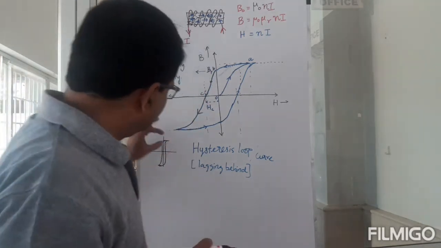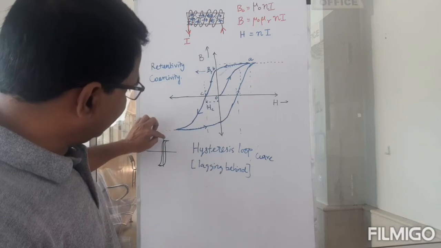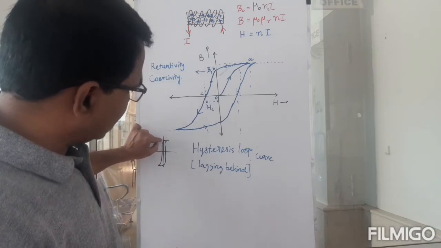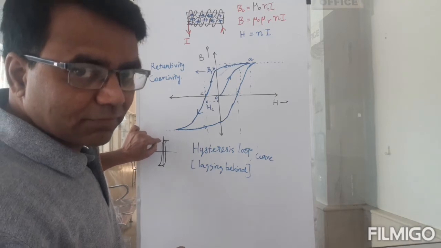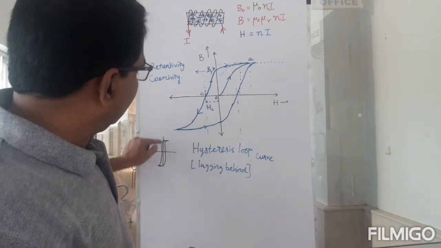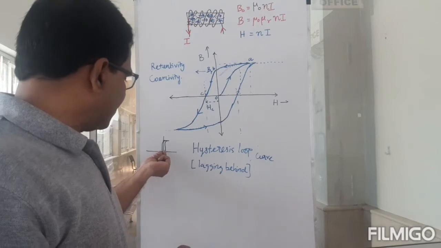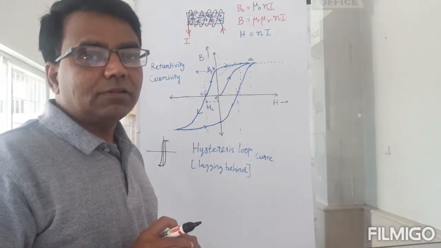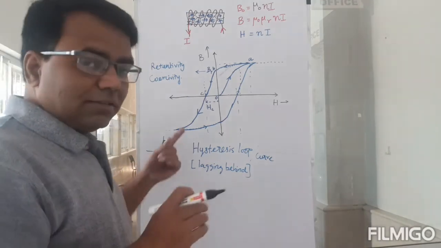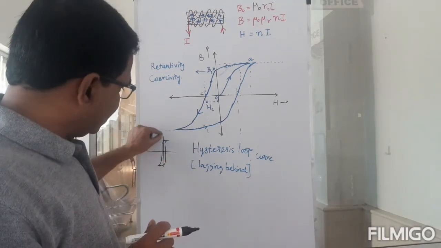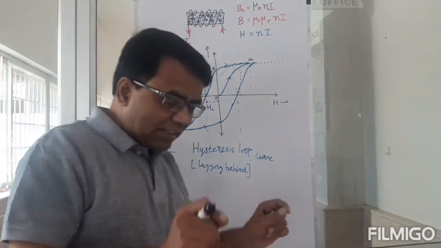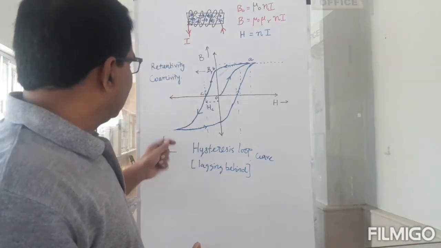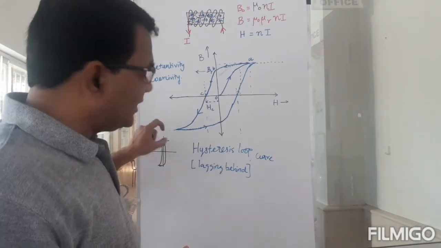What it means is that the retentivity is high. Even if I stop my H, it retains a lot of the magnetism that it obtained. But if this H is small, then it can lose it quickly. The magnetic field becomes 0 even with a little amount of current in the opposite direction. So it has low coercivity and high retentivity.